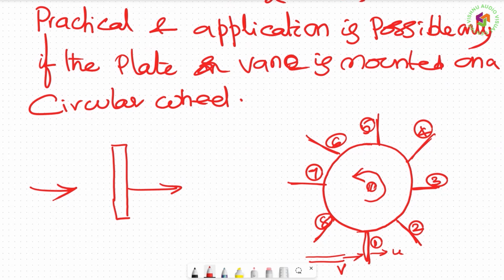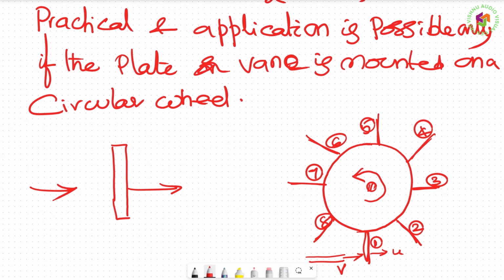In the next lecture we will discuss this type, so that we slowly get closer to the practical application of this chapter, which we call impact of free jets.